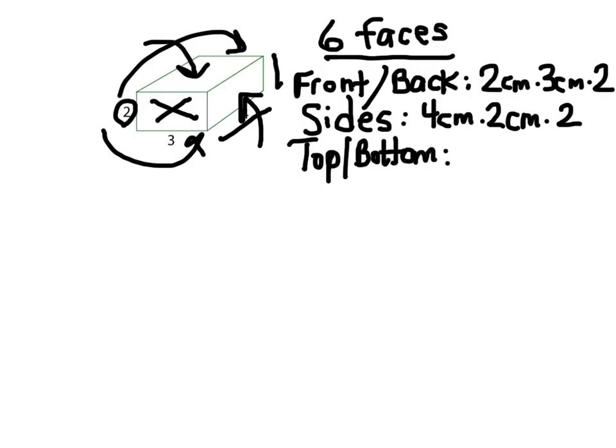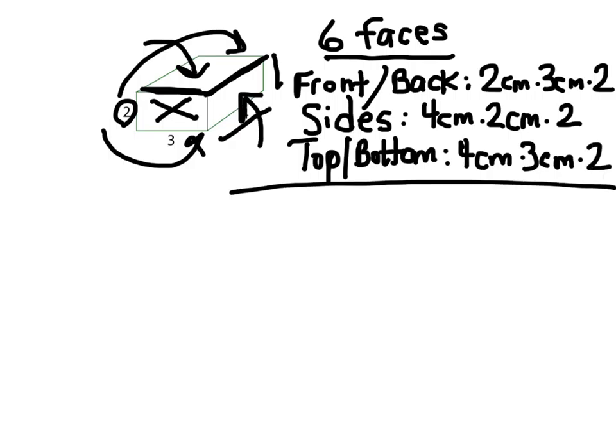This length right here is 4, and this length right here is 3, and then times 2 to account for both of them. That would give me all 6 faces, and I can simply multiply and add up the area of the faces. So I'm going to go ahead and do that.